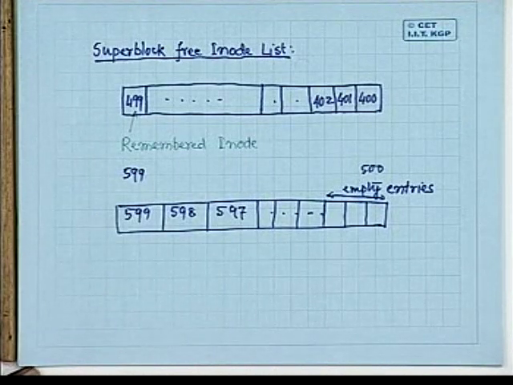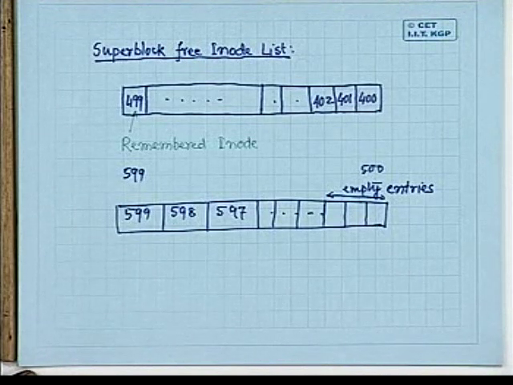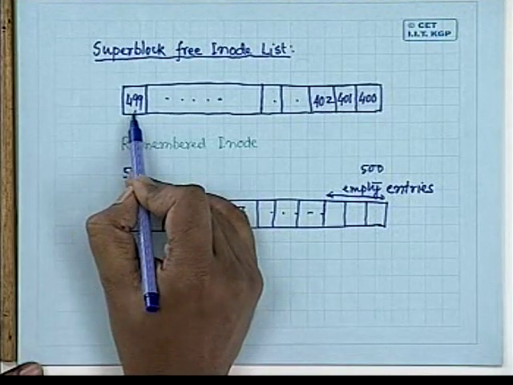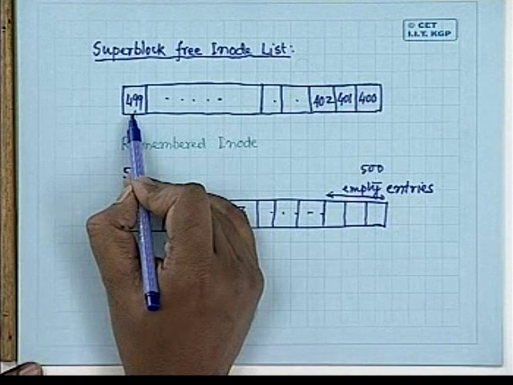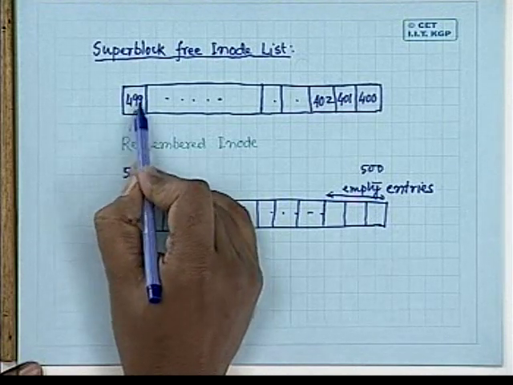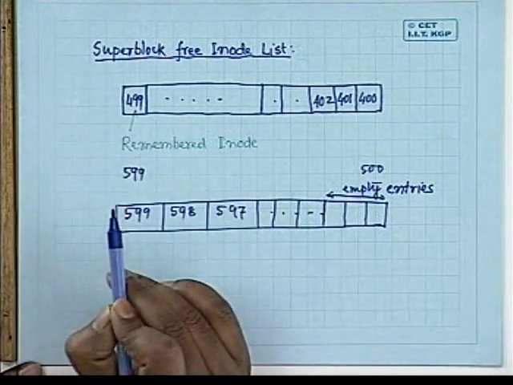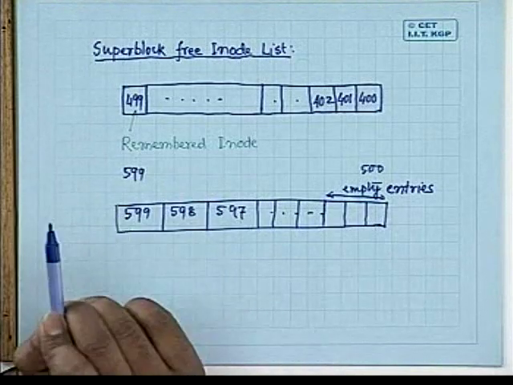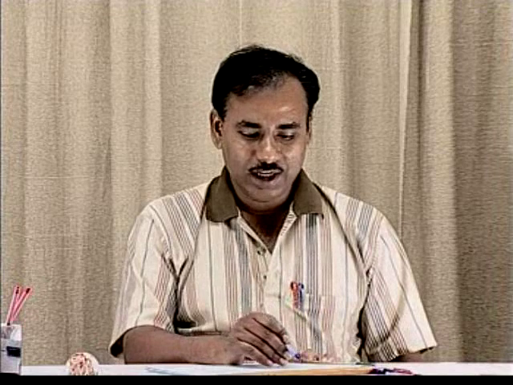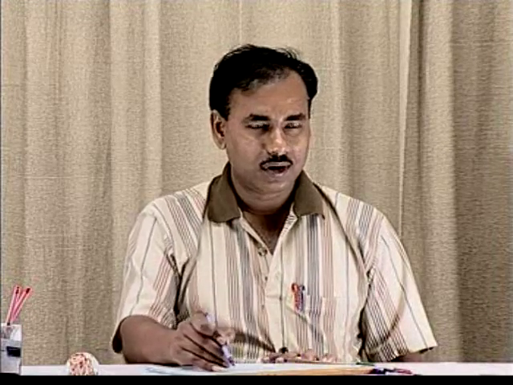If the number of the new inode which is becoming free is less than the remembered inode, you simply replace the remembered inode by this new inode. If the number is more, then I don't have to touch this superblock free inode list. I simply mark it as unallocated by setting its type field equal to 0 on the disk.